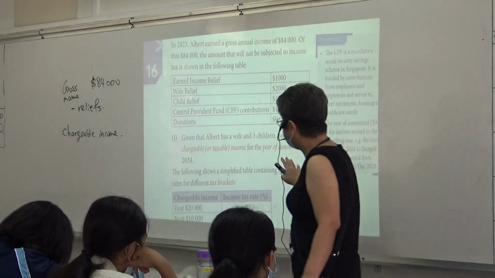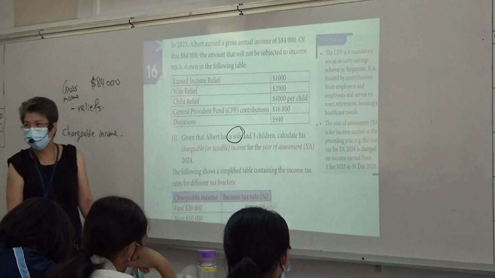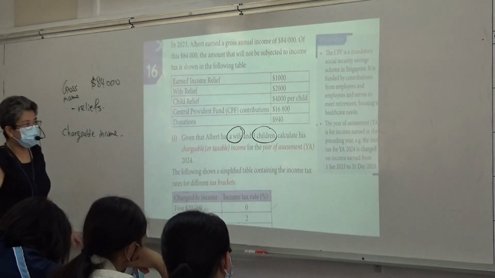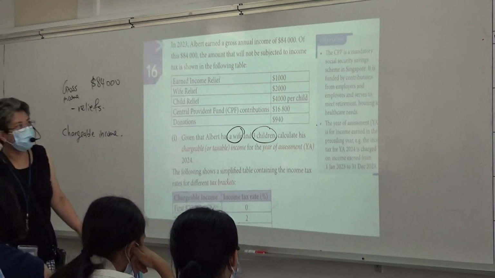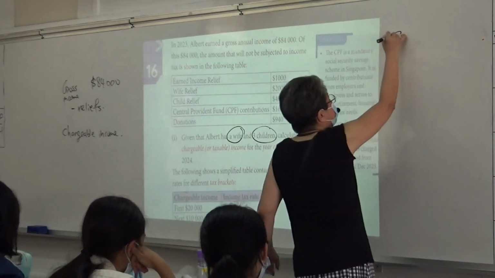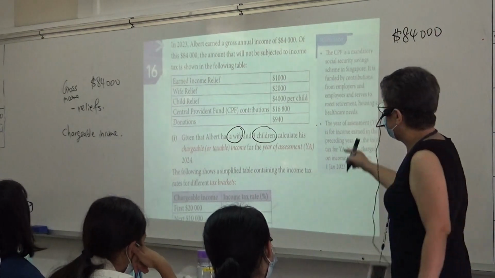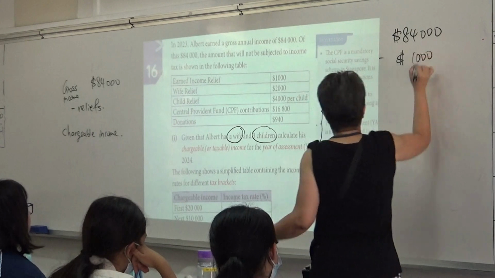Okay? Now, given that Albert has a wife and how many children? Three. Calculate his chargeable income. You must first know what chargeable income is. This person earns this amount here, right? He must deduct his own expenses.